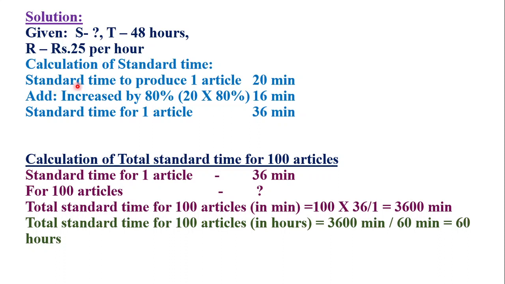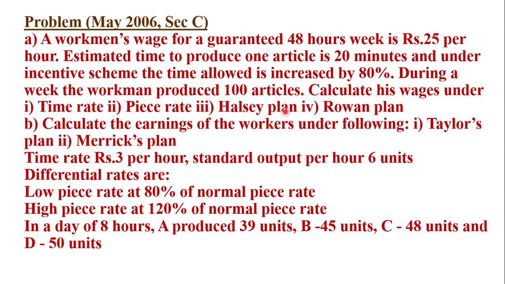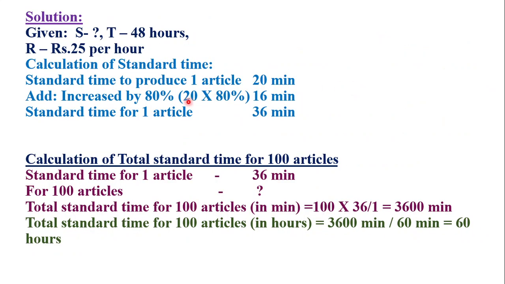So here it is, the calculation of standard time. Standard time to produce one article is 20 minutes. And under the incentive scheme, it is given in the problem that the time allowed is increased by 80%. Means here we should add 20 minutes into 80%, that is 16 minutes.